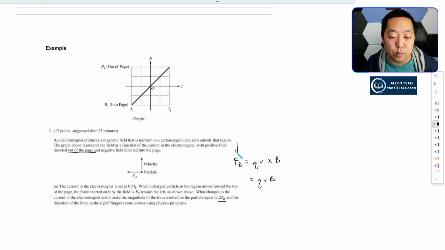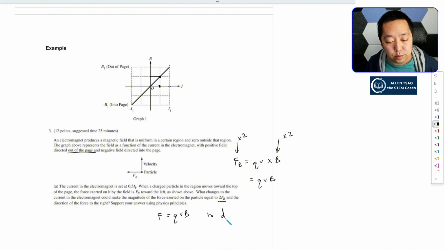So if I want to double this guy, then I just need to double the magnetic field. Now I can't change the particle's velocity, so I can change the magnetic field. To double that requires me to double the current, because you see, right now we're at 0.5 I1 and we have a B. If we want to double it, we need to go to full I1. So here we would say the force is equal to QVB.